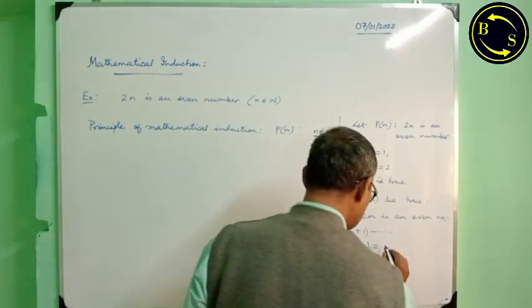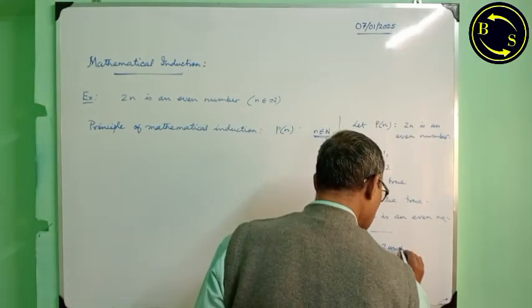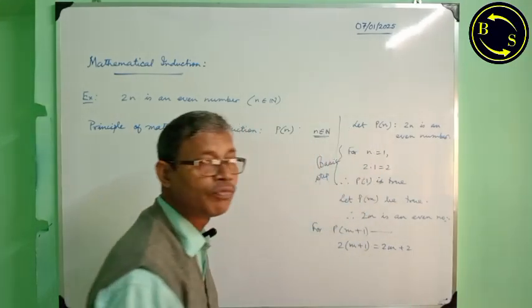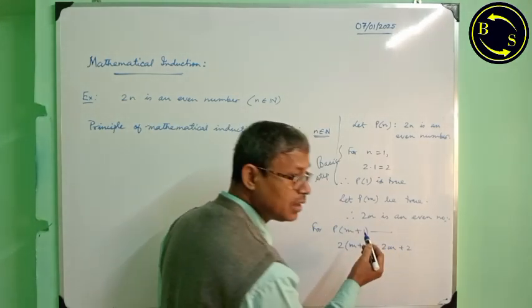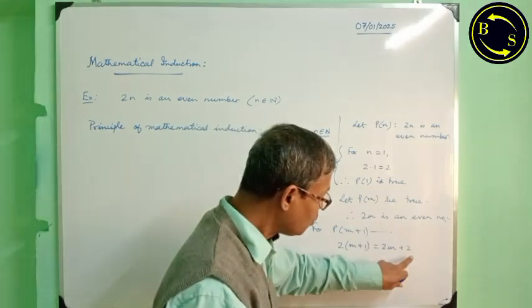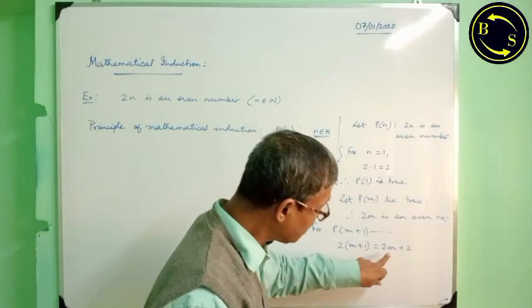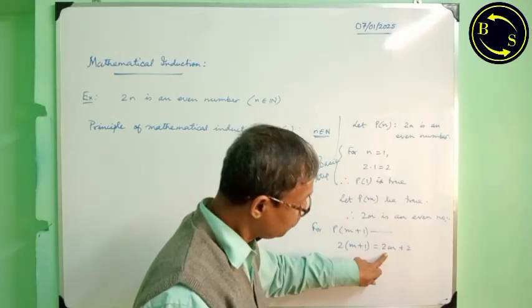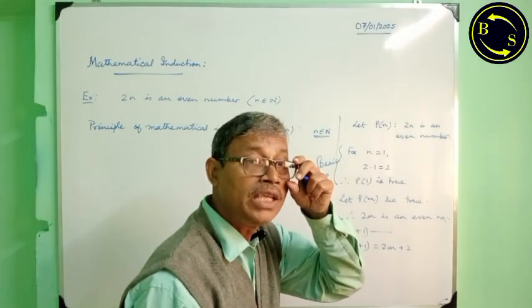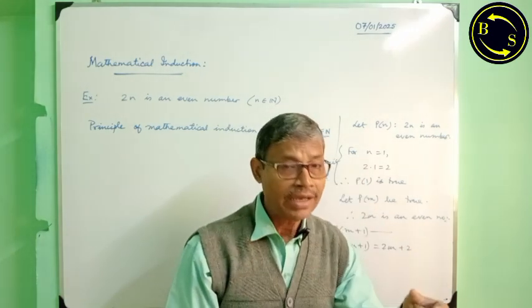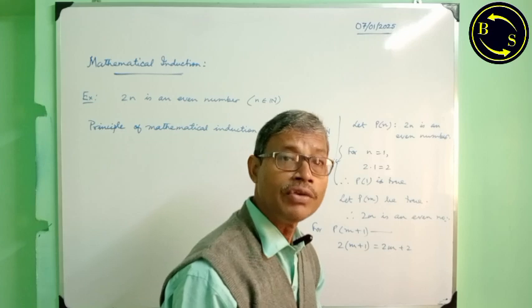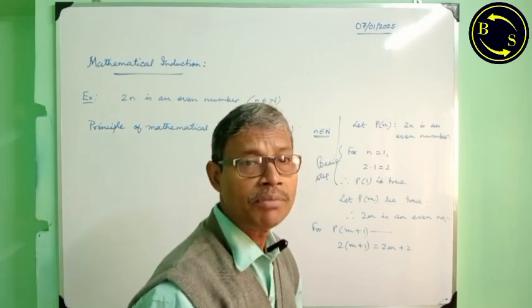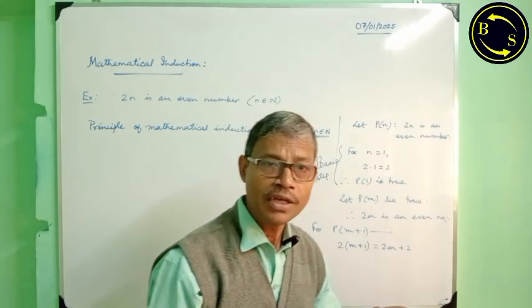If we calculate 2m plus 2, now already we have taken 2m is even. Now 2 is added to that even number, and we know if we increase an even number by 2, we get the next even number. For example, 6 is an even number.